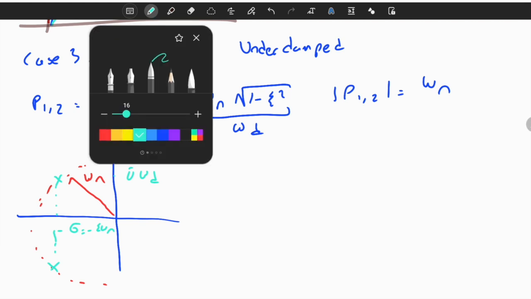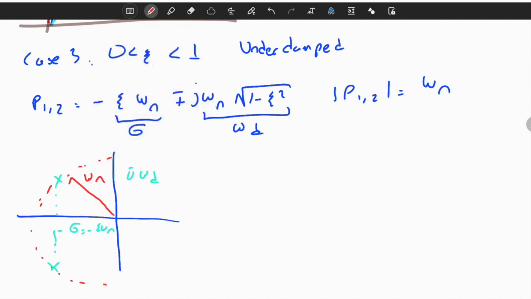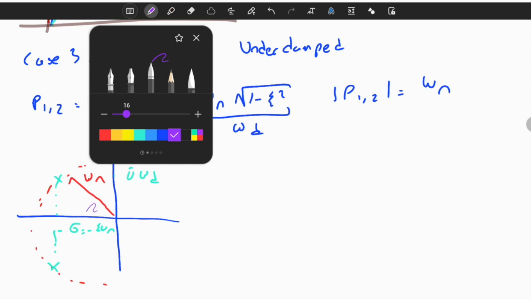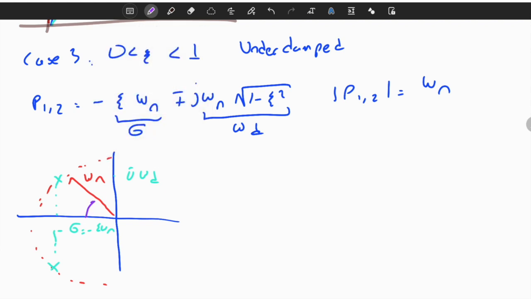And this angle, which is very important, is called phi. This is the angle between the imaginary part and the real part, and it depends monotonically on the damping ratio of the system.